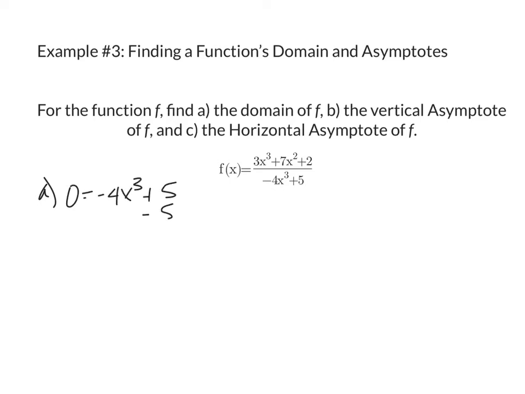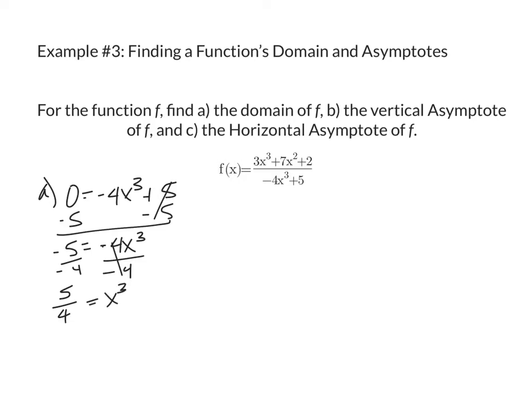If we subtract 5, we have negative 5 equal to negative 4x cubed. We would then divide by negative 4, and we'd have 5/4 equal to x cubed. Finally, we would take the cube root of each side, and x is equal to the cube root of 5/4.